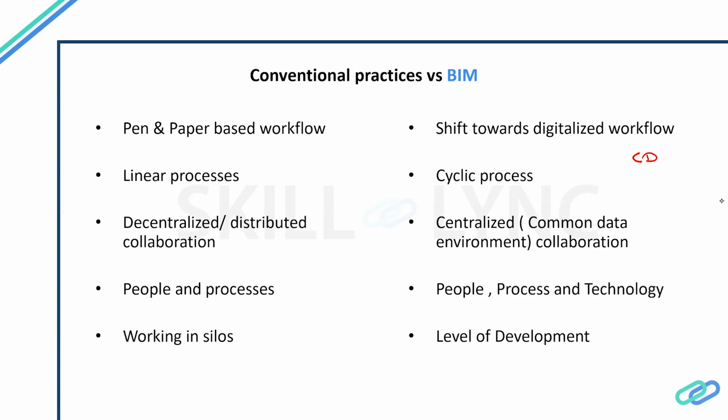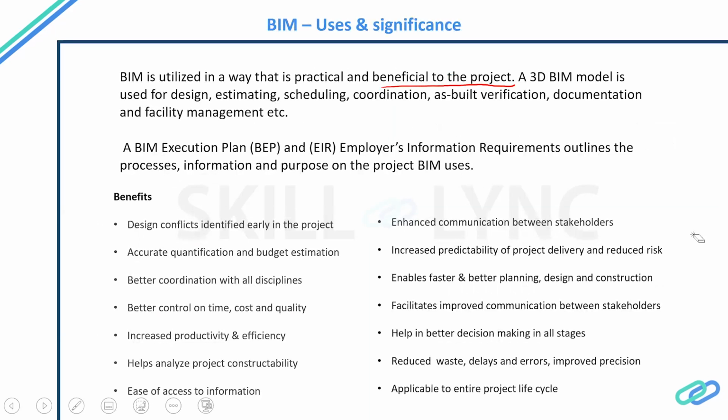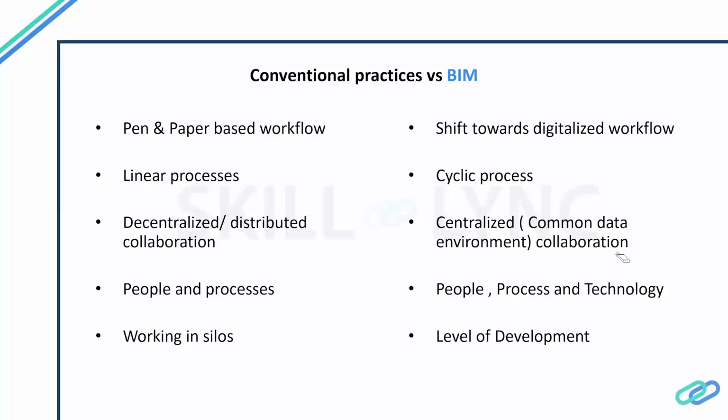And the second thing is the linear process. This process refers to the information flow. For example, if you take an architect to an engineer to a project manager, the information flows from one end to the other. So the information flow is linear.